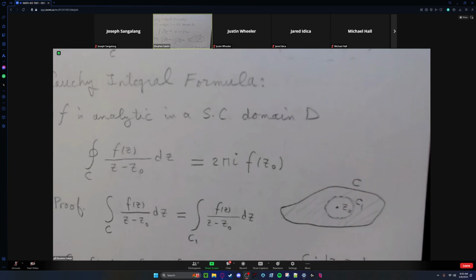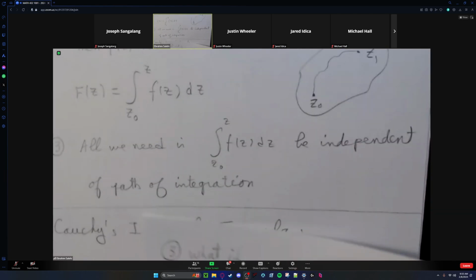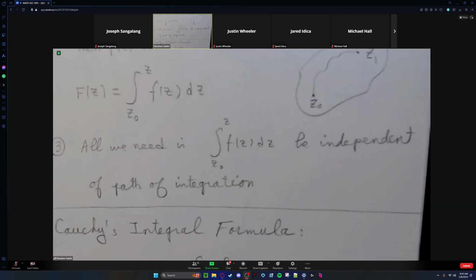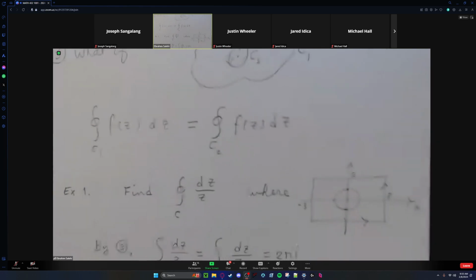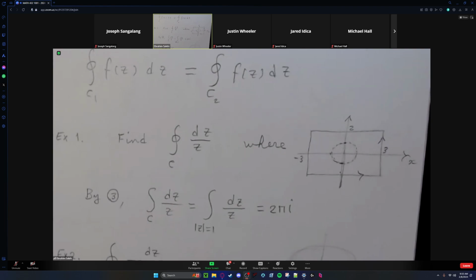That is called Cauchy's integral formula, right? All right. So I will go through this Cauchy's integral formula in more detail next time.